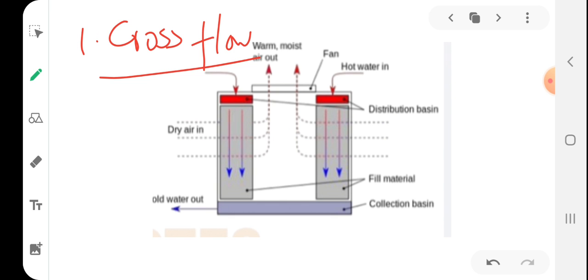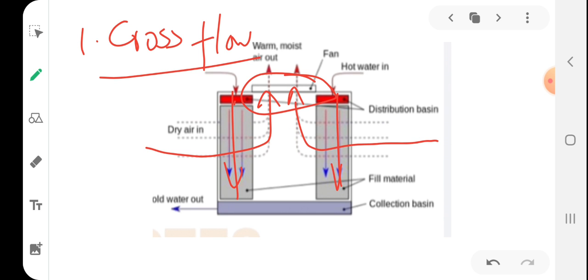So here you can see that the hot water is flowing vertically downwards. There is a fan here. This fan will suck air in this direction, so the air direction is perpendicular to the flow of water. Here water flows solely based on gravity.